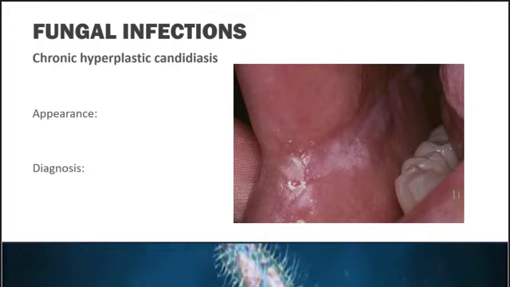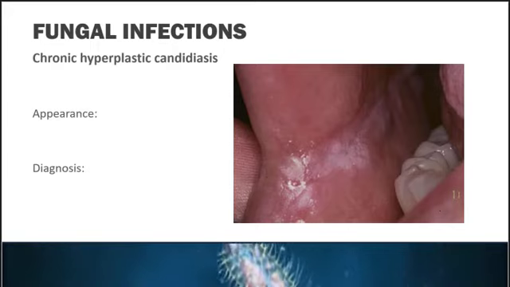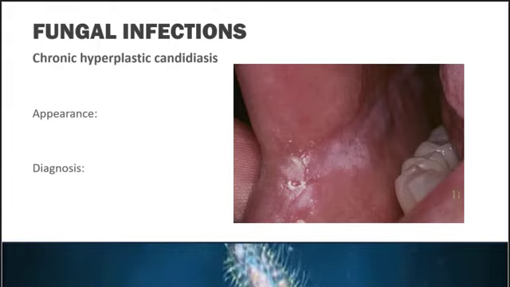But in hyperplastic candidiasis, that white lesion will not wipe off. However, if we treat a leukoplakia that we suspect to be candida with an antifungal, it will disappear. So this would be a great example of a therapeutic diagnosis, because if we provide therapy and the therapy works, then we know exactly what that condition is.